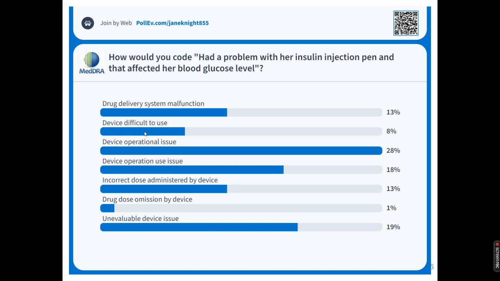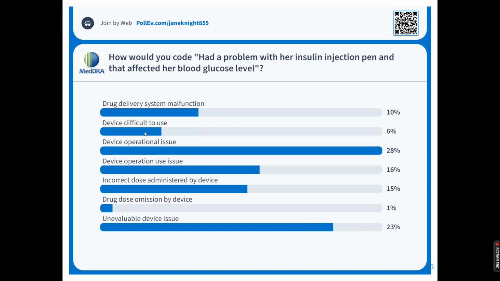She found it difficult to use, and that's the second LLT I've given you. Was it that she found it difficult to use, or did it malfunction? Either of those two LLTs are possible, but we don't know. We don't have that much information to be able to select them. Then we have a device operational issue, which is very popular among you, I see today, or an operation use issue.